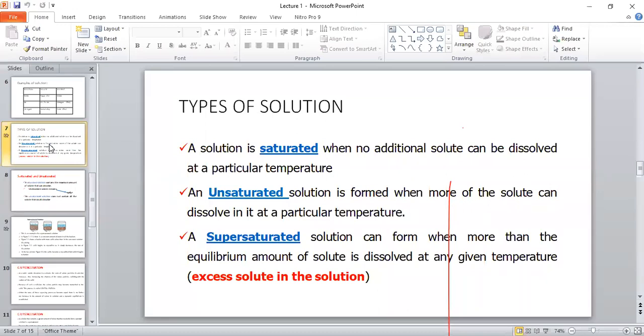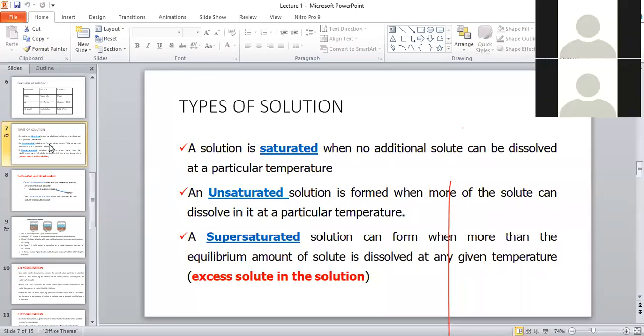The unsaturated solution is a homogeneous solution formed when more of this solute can still be dissolved at that temperature in the solvent. So you can still add more. There's still space. It's not yet saturated. The solvent can still take more solute.